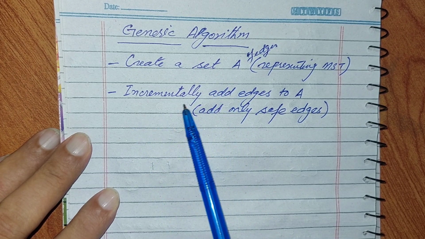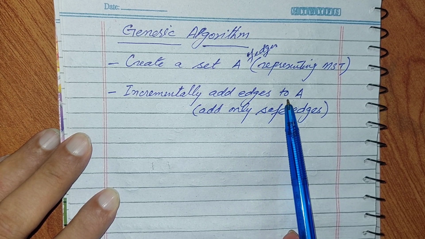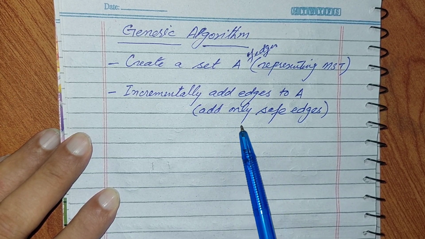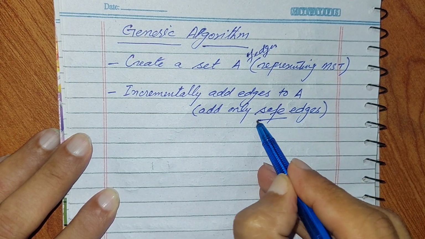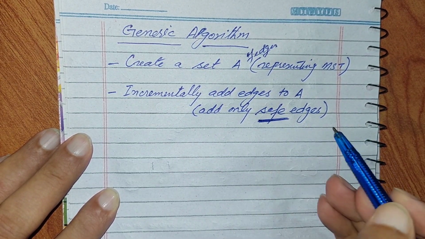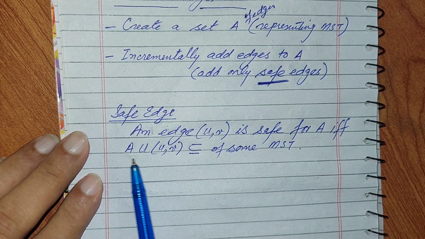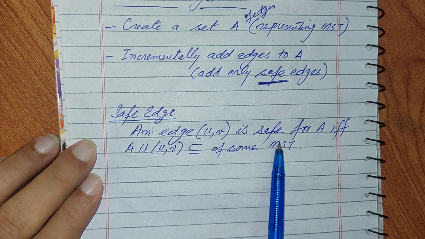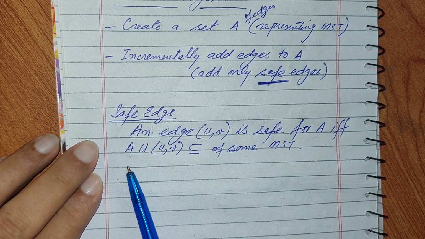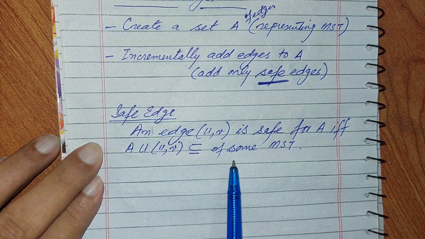Then after that, incrementally, you will add edges into this set A such that every edge that you add should be a safe edge. So next I will be discussing what the safe edge is. A formal definition of a safe edge is that an edge (u, v) is said to be a safe edge for A if and only if A union {(u, v)} is a subset of some MST.